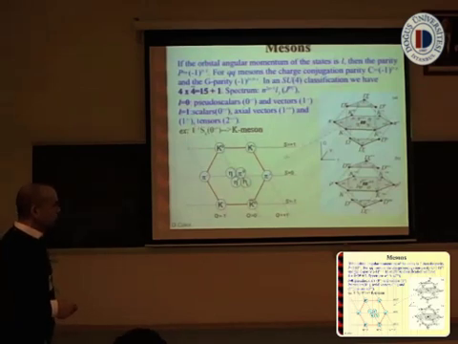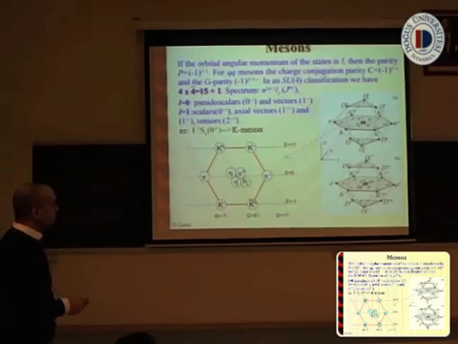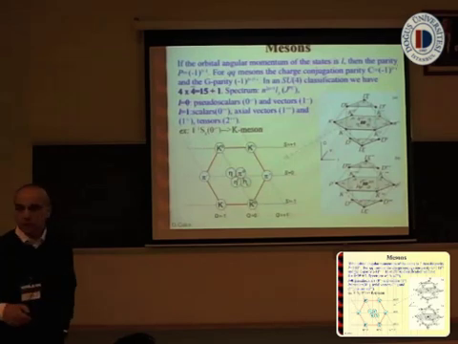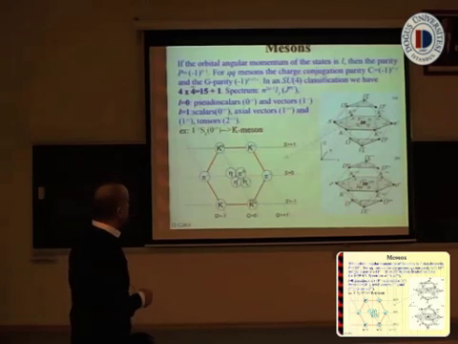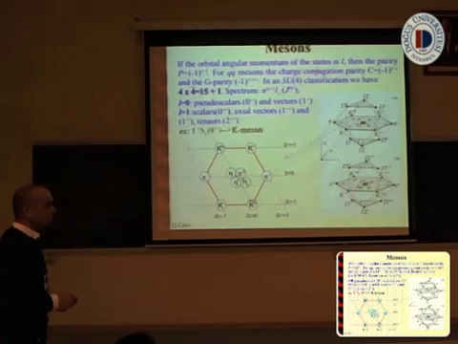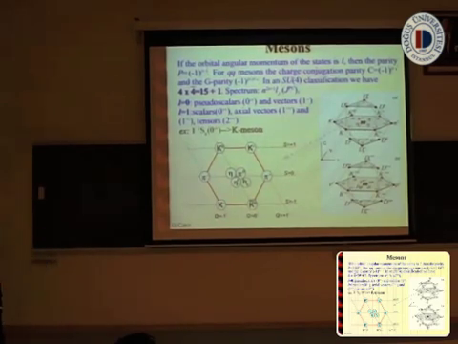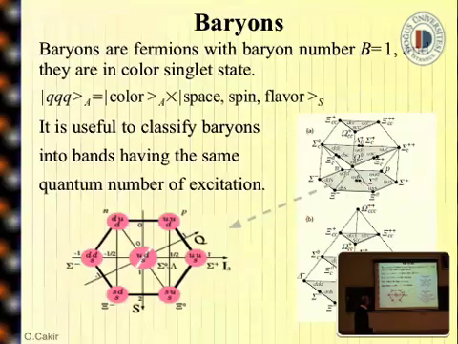For example, Q charge, plus 1 line here, 0 line here, and minus 1 line here. And these are also the lines for the strangeness, because K mesons have strangeness plus 1, the pi's have 0, and the K minus or anti-K 0 have strangeness minus 1.